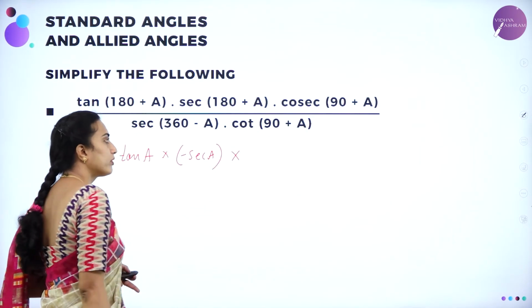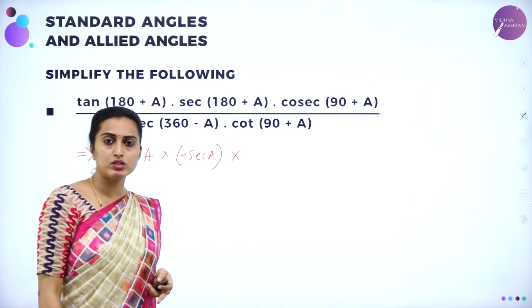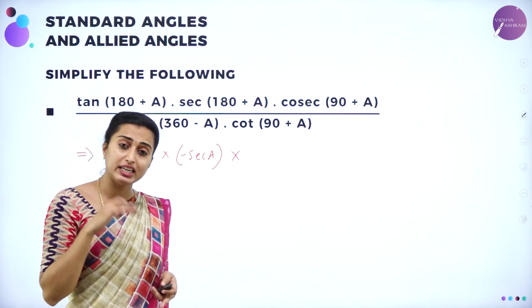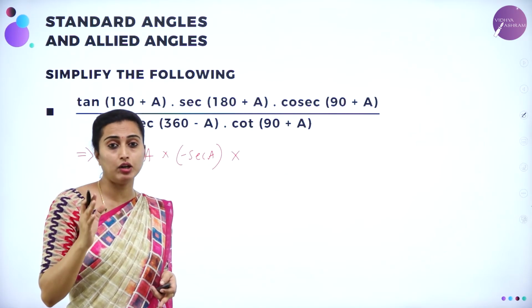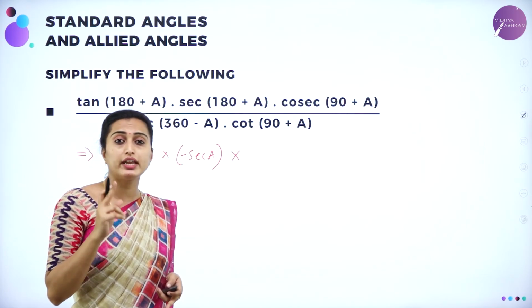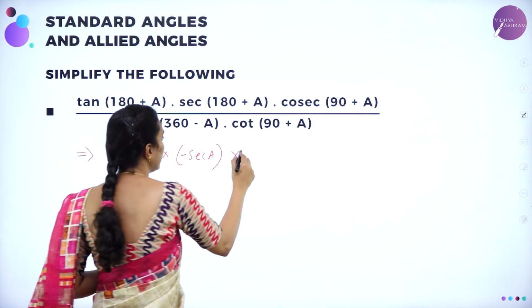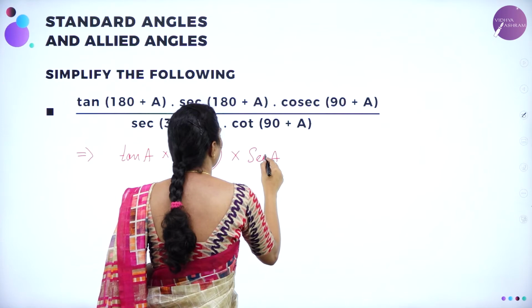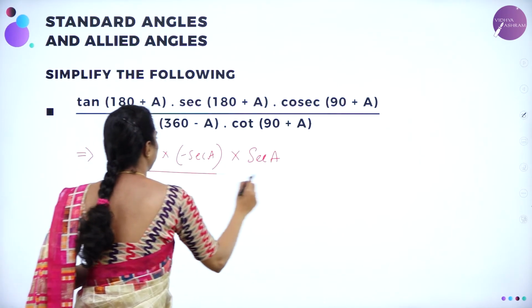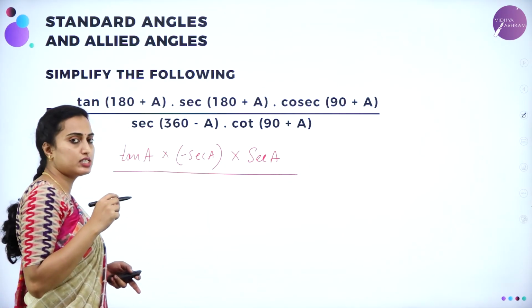Again into cosecant of 90 plus a. Cosecant of 90 will be changing as secant because it is 90 plus theta. 90 plus theta falls in the second quadrant. Second quadrant cosecant is positive. So it will become secant a. Divided by, now secant of 360 minus a.